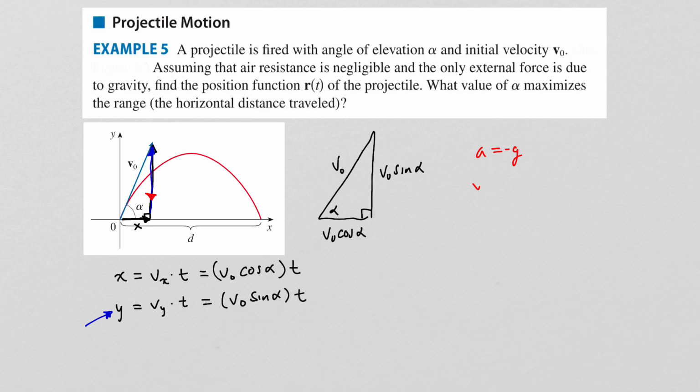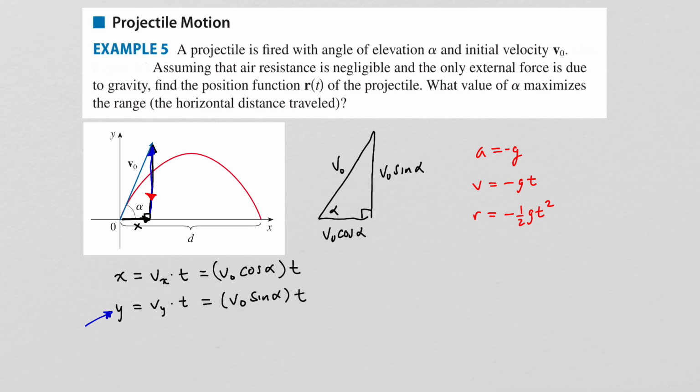Well, if that's true, then the velocity due to gravity is going to be negative g times t. And the position due to gravity, so we'll call that r, is going to be the antiderivative of this, which is negative 1/2 gt squared. So the position is affected by gravity by a factor of negative 1/2 gt squared.